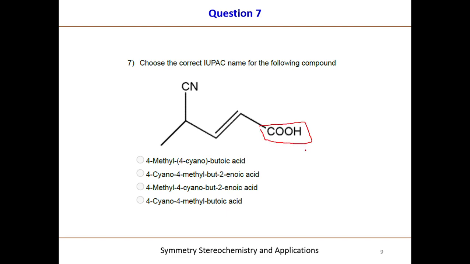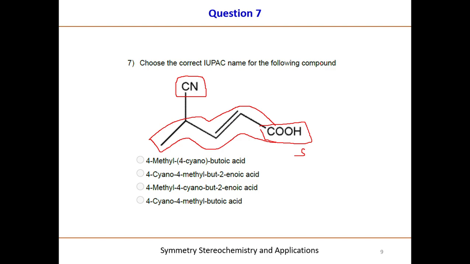So the acid will become our suffix, and the cyano will become the prefix or substituent present on the parent chain. So here we have to find the longest linear parent chain. You can see this is the longest linear carbon chain, right?